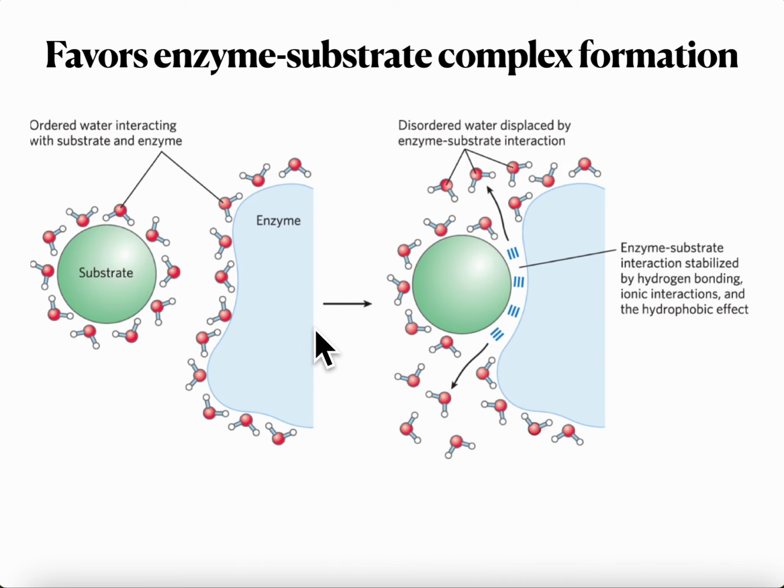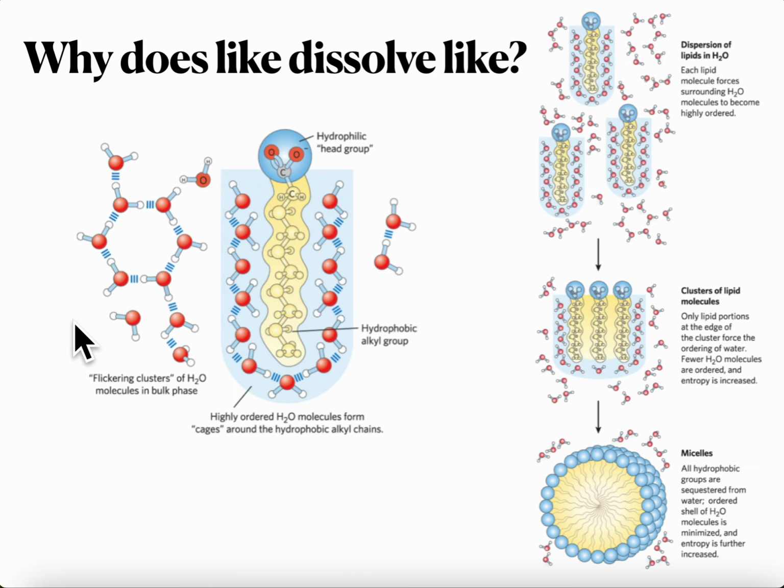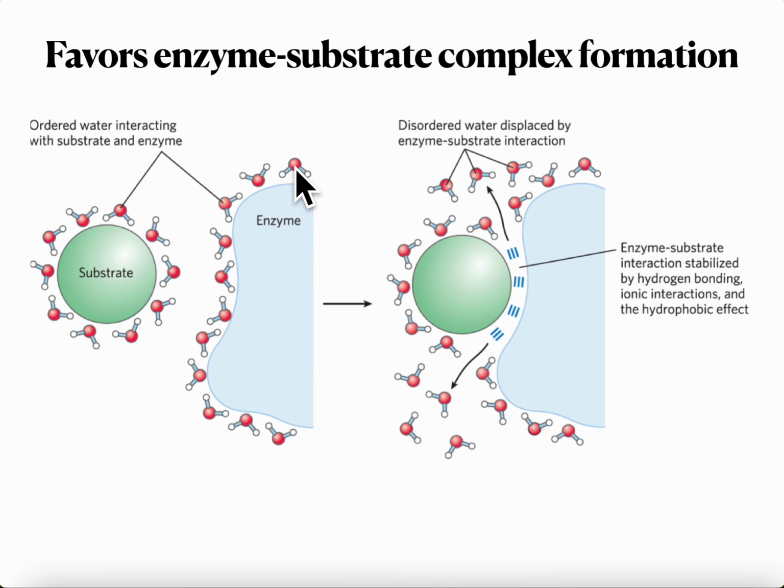With the principle of entropy still in our mind, let's look at another application of it. Water molecules actually favor enzyme-substrate complex formation. Substrates and enzymes in aqueous environments are interacting with a lot of water molecules, and just like the phospholipids here, they are decreasing the entropy of the system.